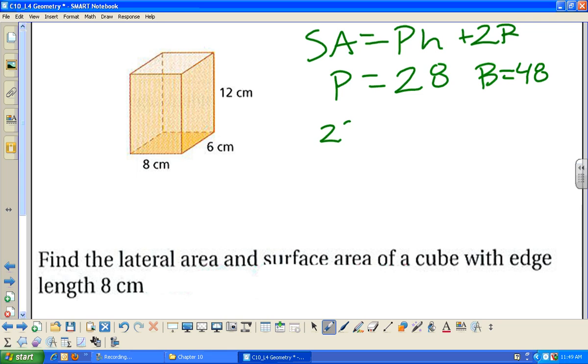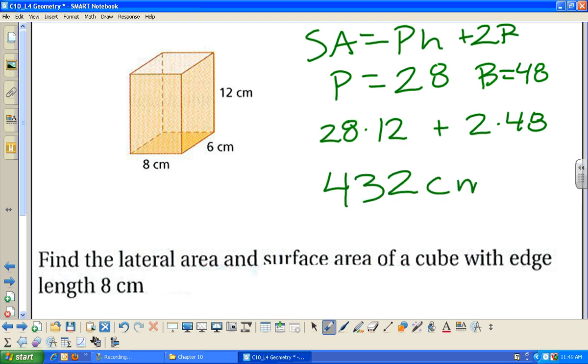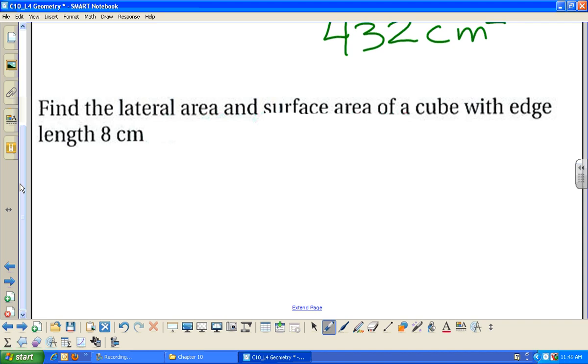So I have 28 times 12, because that's the height, plus 2 times 48, which would be equal to 432 centimeters squared. Surface area is always centimeters squared, because it's a form of area, and area is always squared.